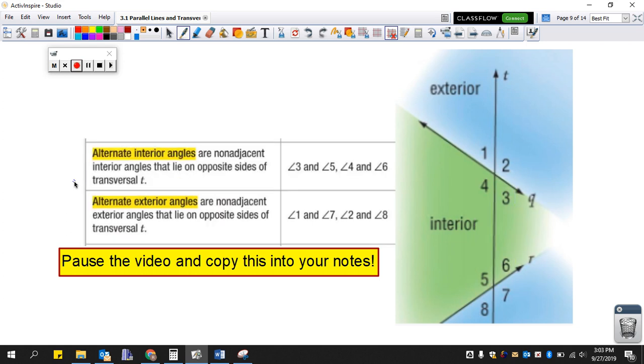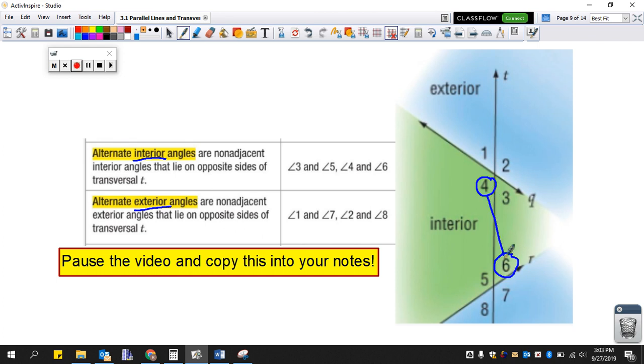All right, the next main concept that we're really looking at are alternate angles. So you have alternate interior angles and you have alternate exterior angles. And alternate basically means that they're on opposite sides of the transversal. So here, 4 is on the inside, is an interior angle, and it's on the left-hand side, and 6 is on the right-hand side.